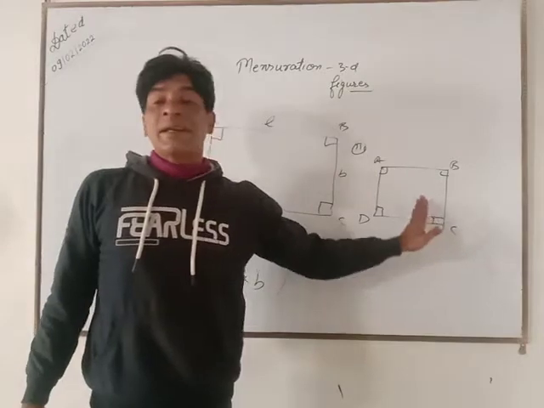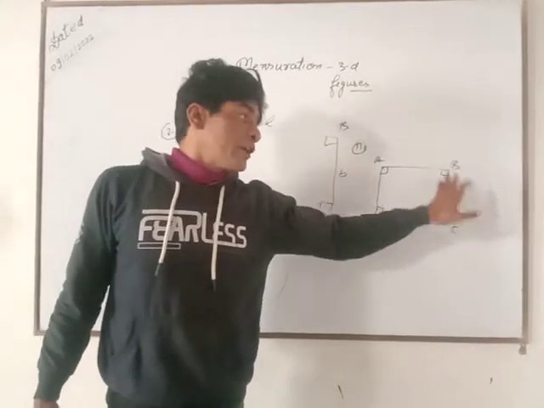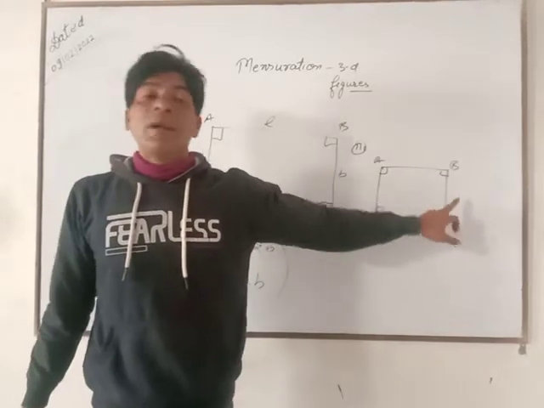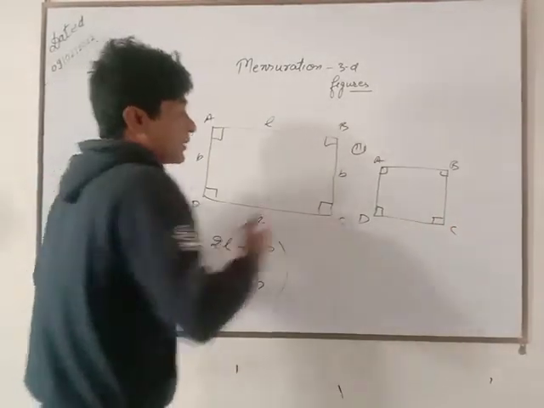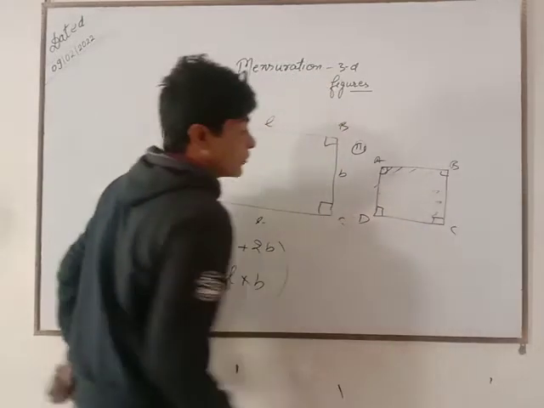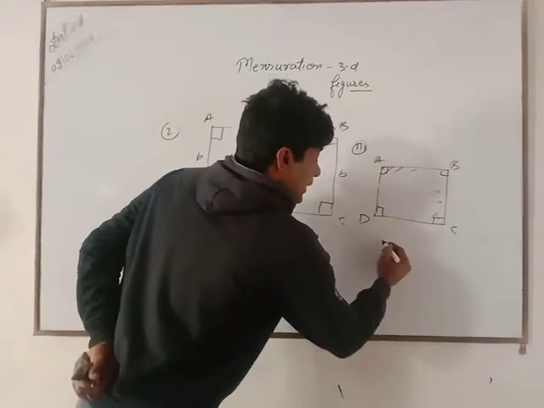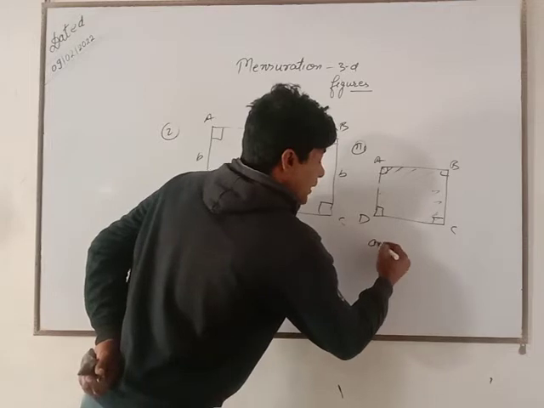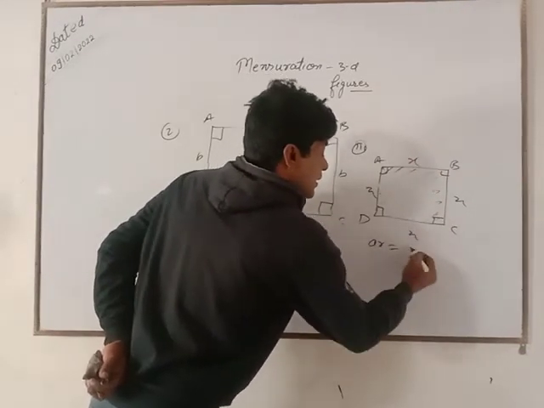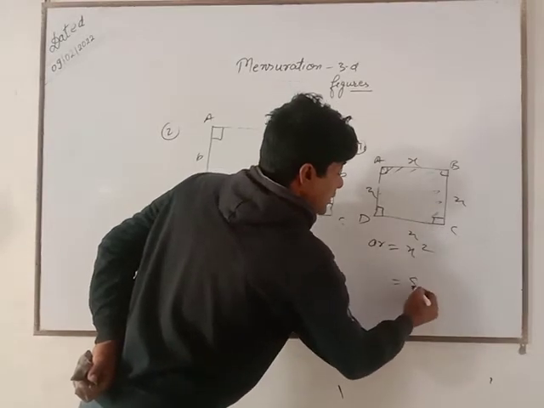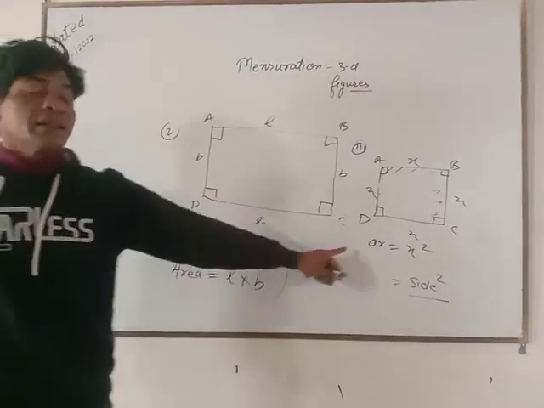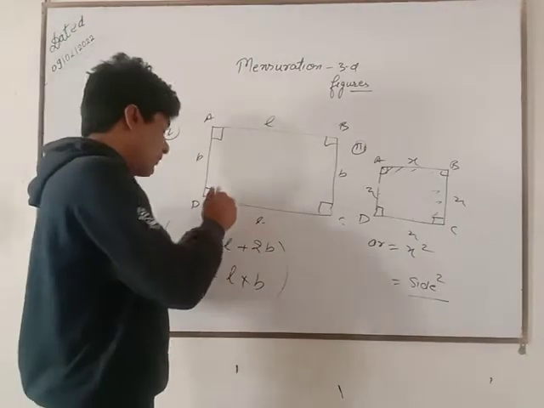If each angle is 90 degrees, then the product of any two adjacent sides will be the area of this figure. Right? You will face this in cube surface. Now, its area will be equal to, if this side is x, then x square. It means side square. This is your third figure.